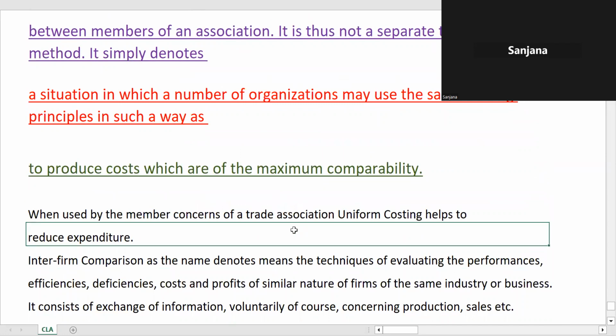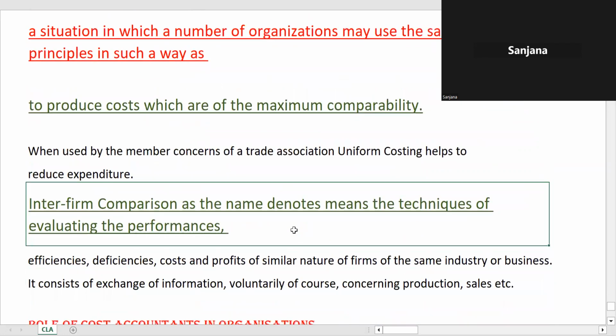Now, interfirm comparison is, by uniform costing, you have made all costing uniform. Now you can do interfirm comparison on the same basis. So uniform costing and interfirm comparison always go hand in hand. If you want to do interfirm comparison, you should always go for uniform costing. If you are following uniform costing, then you will go for interfirm comparison.